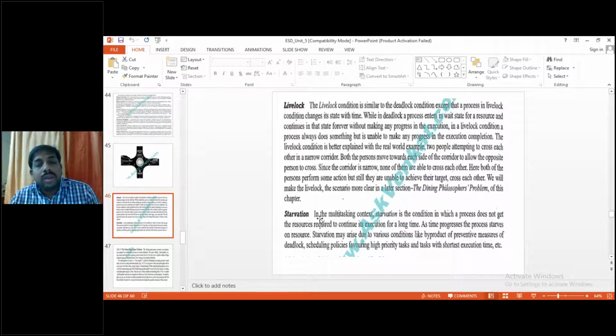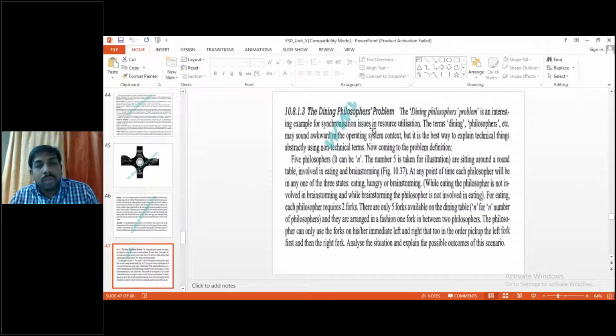So starvation is a condition in which a process does not acquire the resources required to continue its execution for a long time.